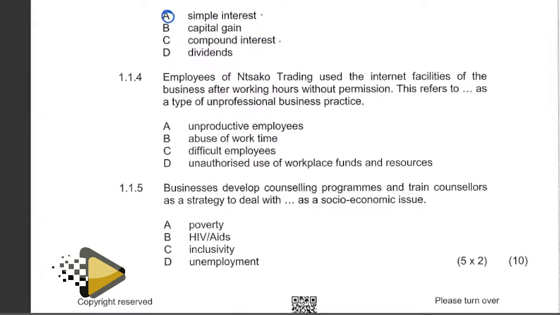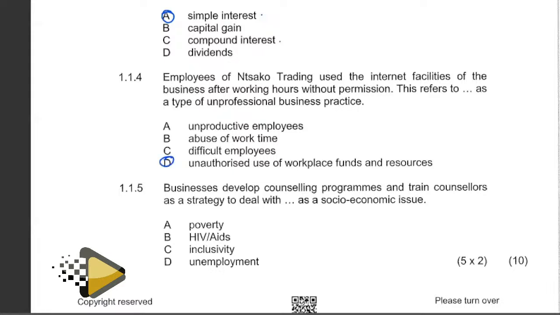Since the employees from this particular business are utilizing the company resources after working hours without being granted consent to do so, the appropriate answer is going to be D, unauthorized use of work funds and resources. So now this is going to be our appropriate answer.